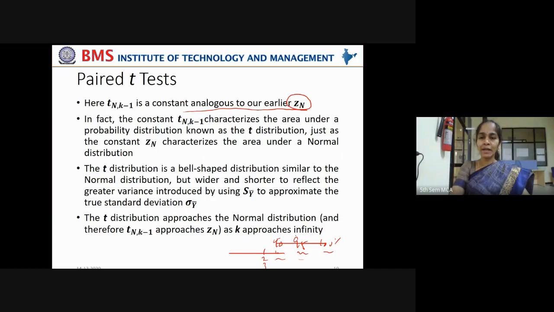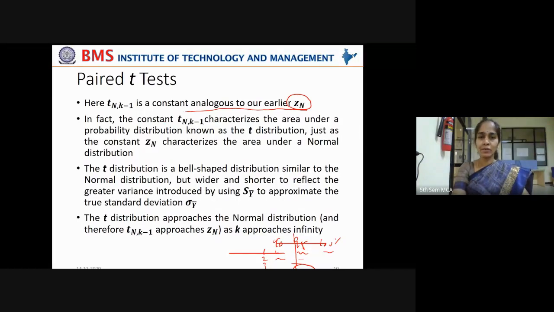So you can locate, for a 95% confidence interval at 4 degrees of freedom, what your T value is. You can locate it easily. In fact, the constant t n k minus 1, that is why it is a constant. It is given in an already established table.